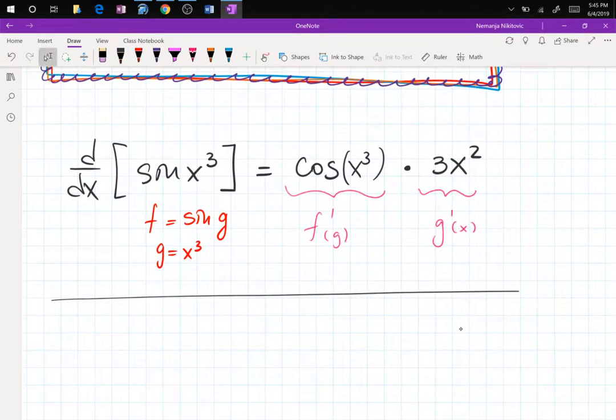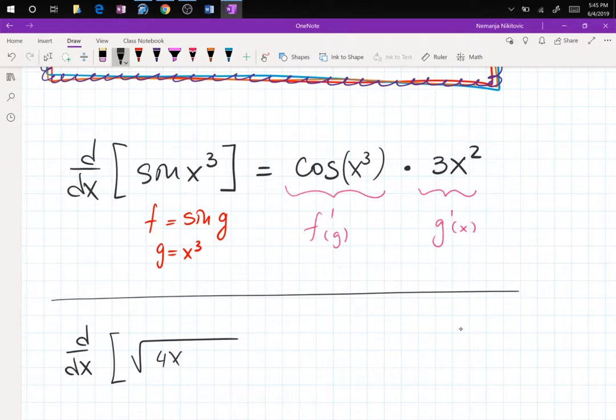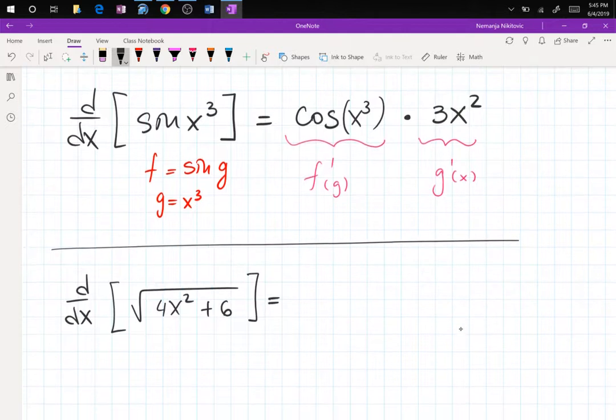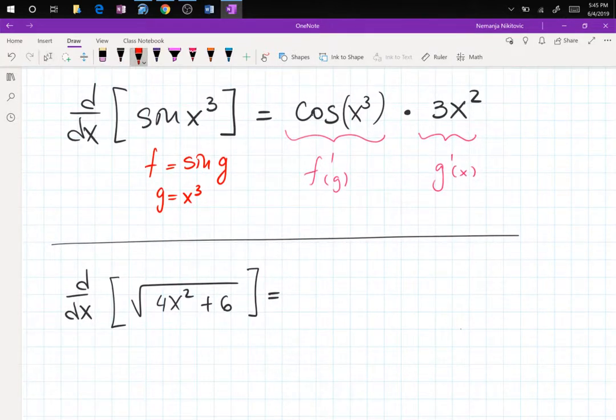Let's see another example. The derivative of the square root of, let's say, 4x squared plus 6. What's f, what's g?